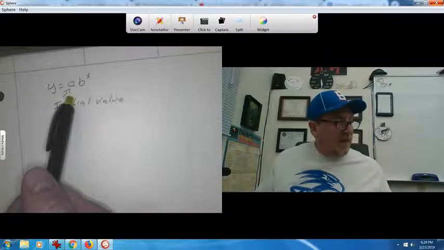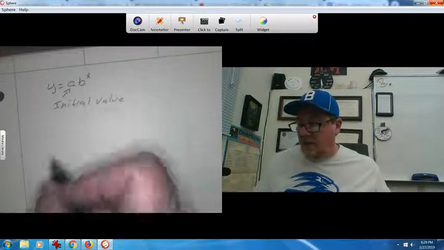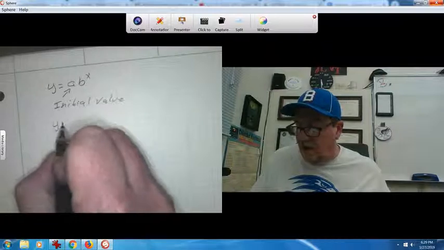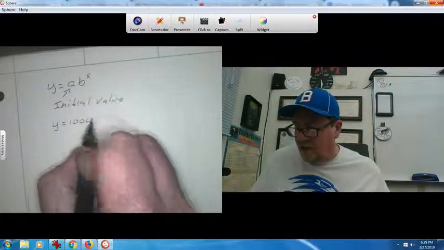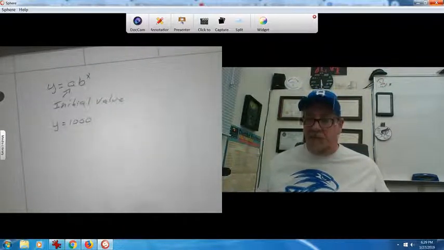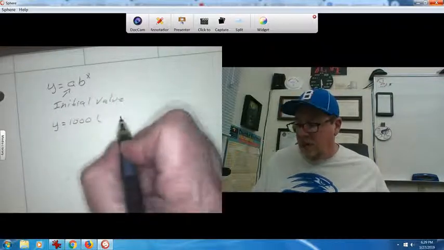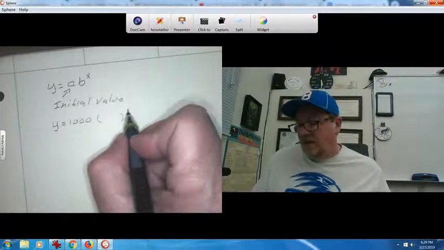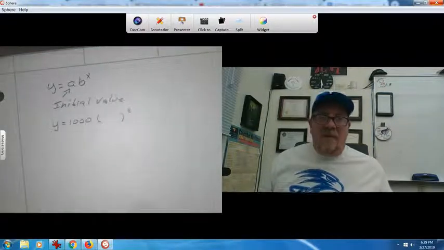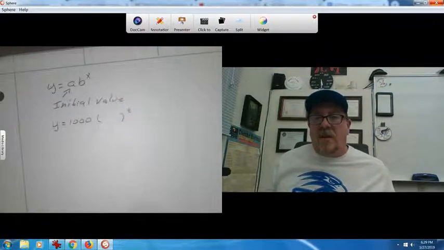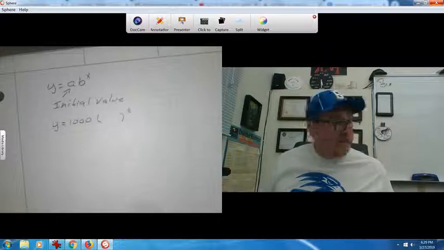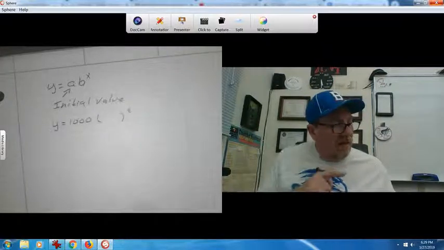So in this case, if we put $1,000 in, I can write this function by saying y is equal to 1,000. That's our initial value. Okay? So times some b to the x, or in this case t, because we're going to leave it in there for so many years, and we usually call that time, so we'll use t. Here's the deal.